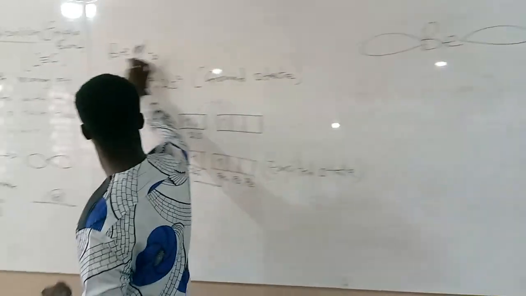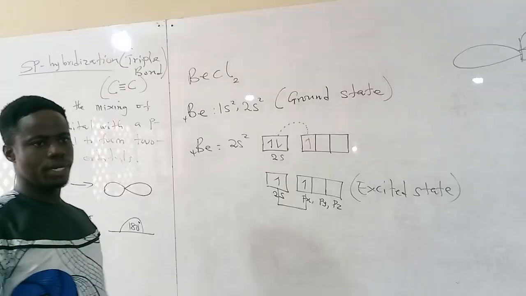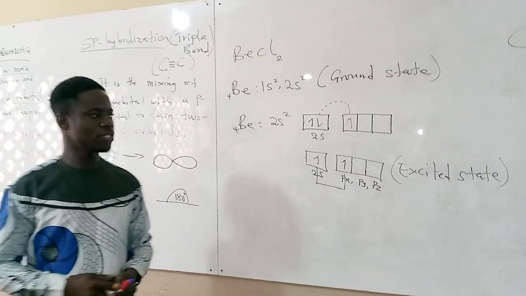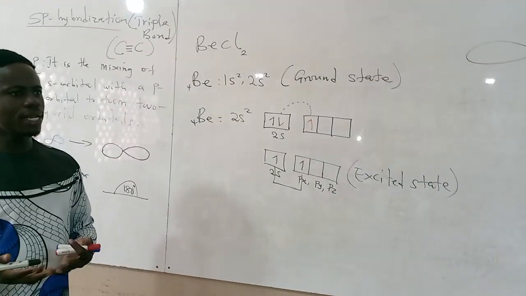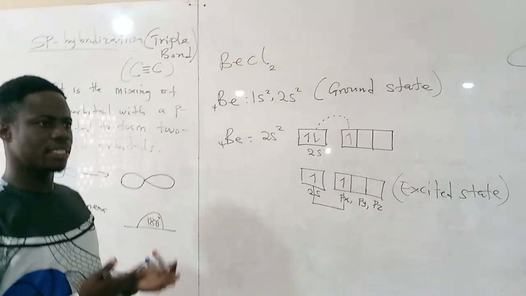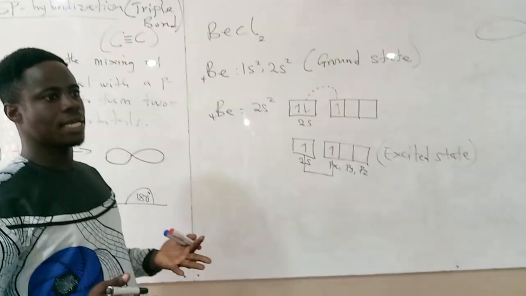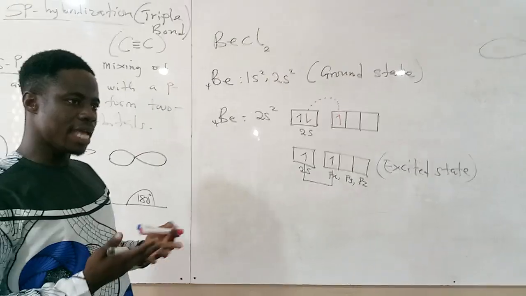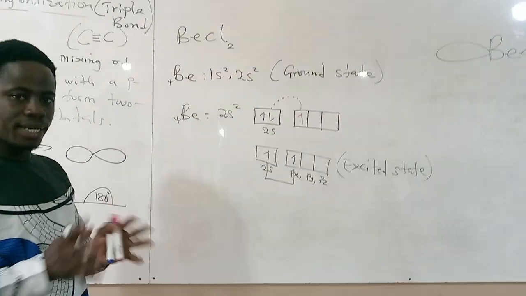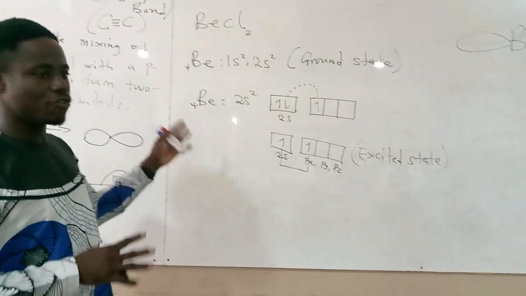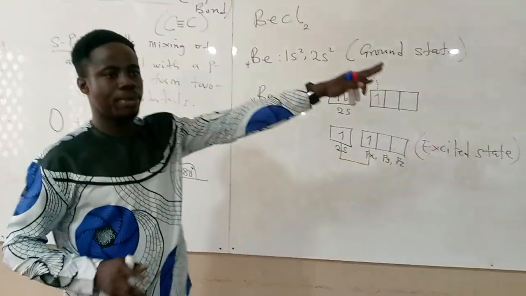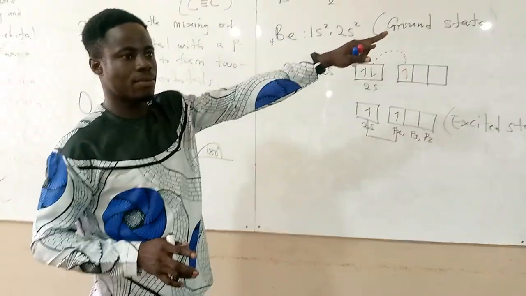Now when you mix them, this beryllium is bonded to some element, chlorine. And so the question is, you have to ask yourself, chlorine on the periodic table, is it in the S block or in the P block? And so you should know that if chlorine is in the S block, then the shape of chlorine will be spherical. But that one, you have not mixed it. It's just being attached to the beryllium or the central atom.